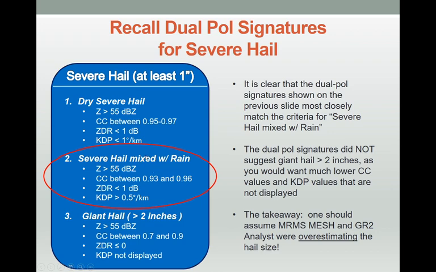And that's important that it's mixed with rain, because what I think is going on is MESH is tending to overestimate these pulsy air mass thunderstorms that have vertically upright updrafts, and maybe aloft the hailstones are bigger than quarters like MESH is suggesting, but as those hailstones fall to the ground, they're mixing with a lot of rain and they're melting quite a bit on their way down. So at the surface, you're just not getting the hail size that MESH is suggesting.